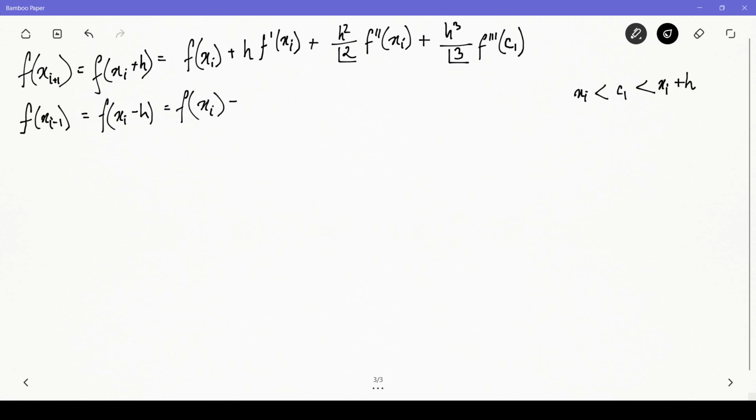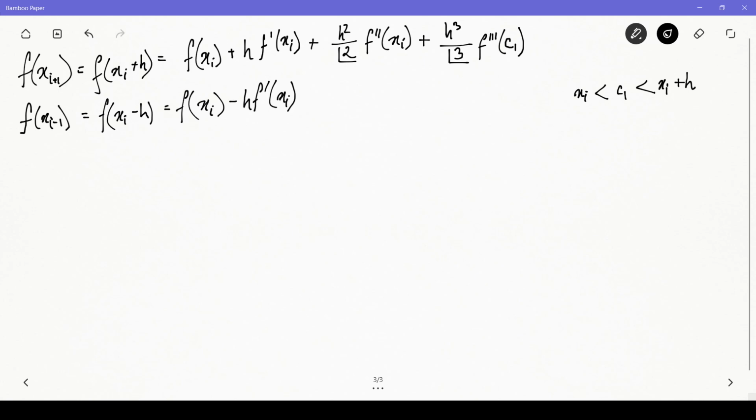Since we are using minus h in the spot of h, this plus h times f prime x sub i will become minus h times f prime x sub i. This is the same thing that we saw in the case of our backward difference error approximation, right? I did not write that down in my bamboo paper just for the sake of saving time. So now you know how it happens, right?